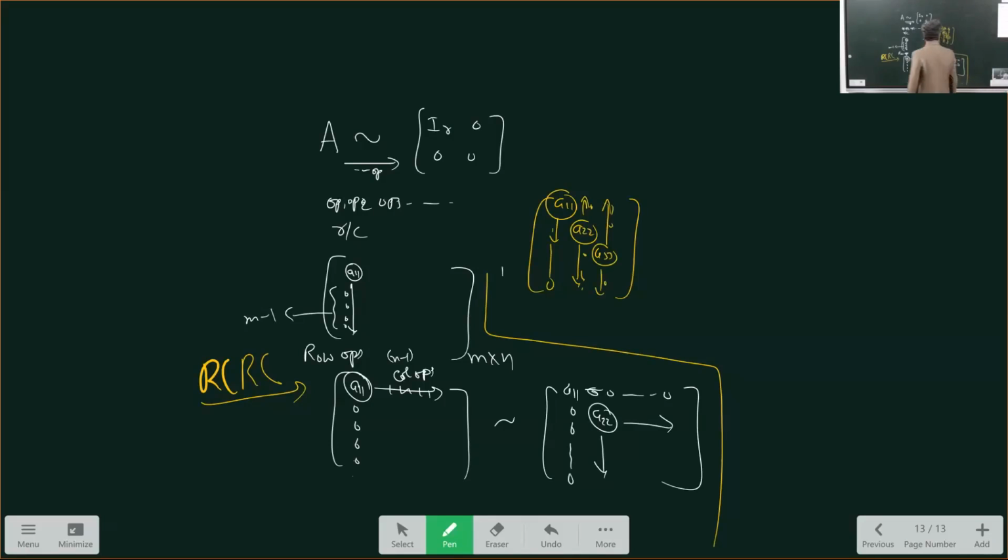For example, I have 3 rows and 4 or 5 columns. Using this one I can make zeros, using this one I can make zero, using this one I can make about 2 elements zero. Still I need to make them zeros, so I can use the column operations to make this zero, and this zero. Some column operations, depending upon the number of columns left. So this is the idea.